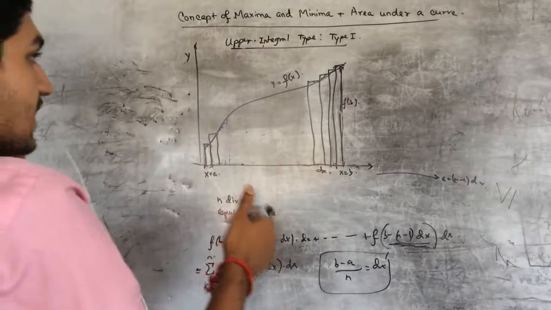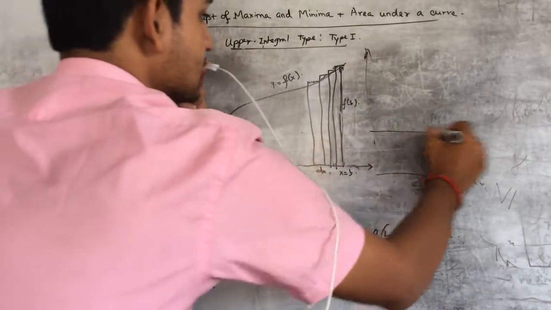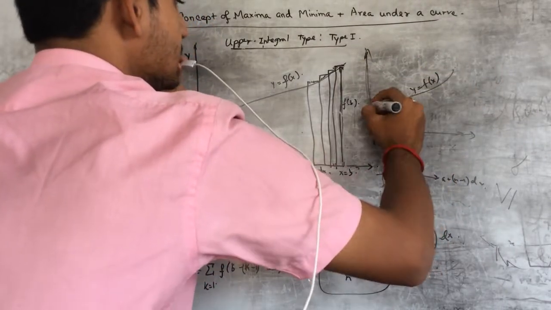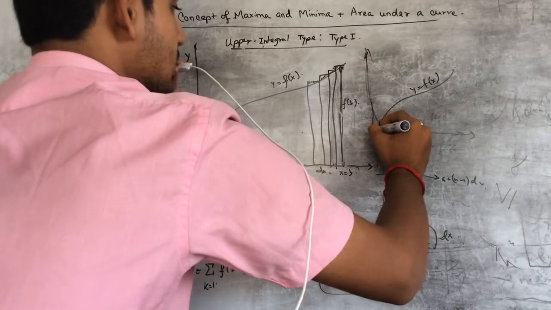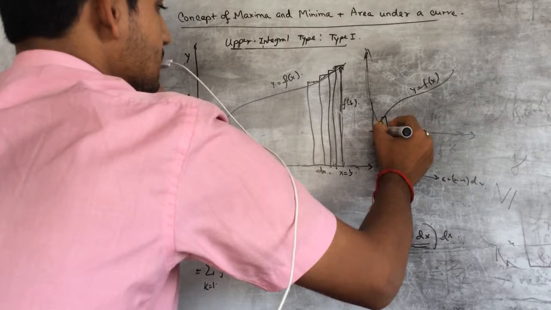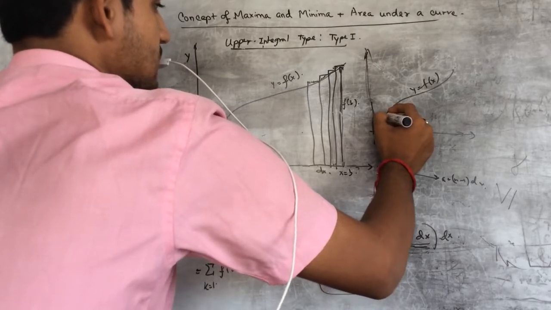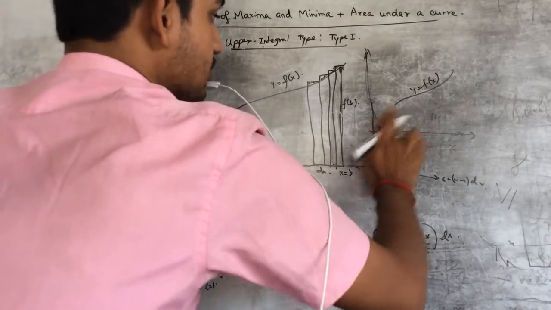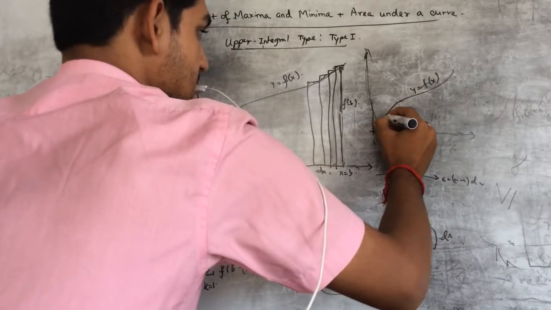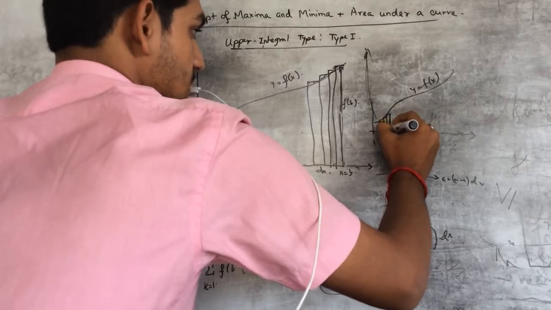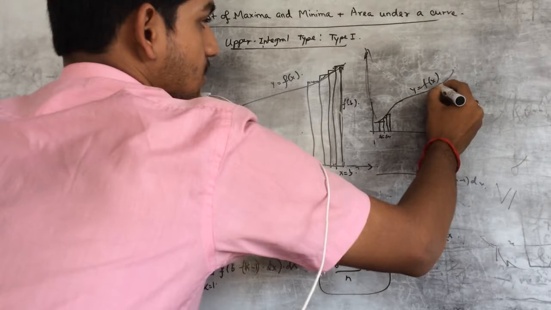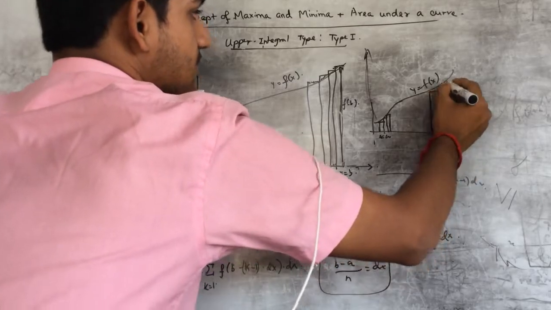And in the diagram I showed you previously, I am drawing it once again, the same function y equals f of x, and if we do it the lower integral type, then we start from x equals a and continue. You see some areas are left out. Some triangles are left out.